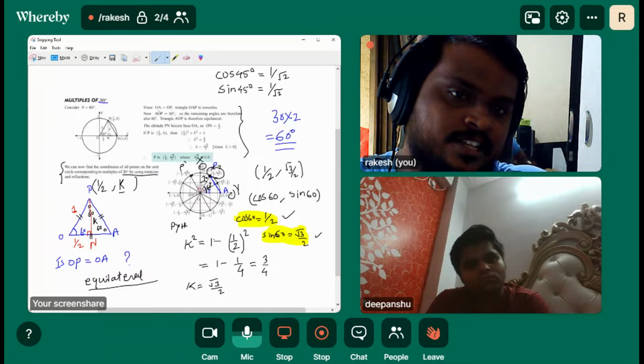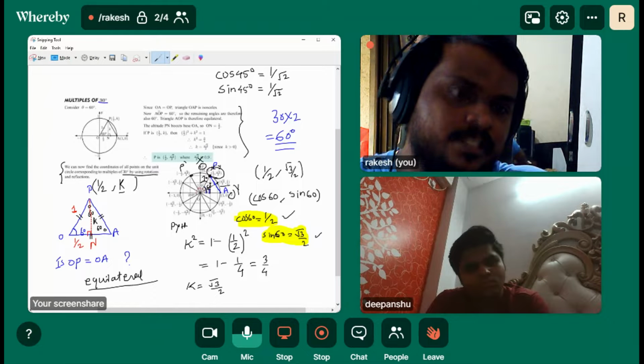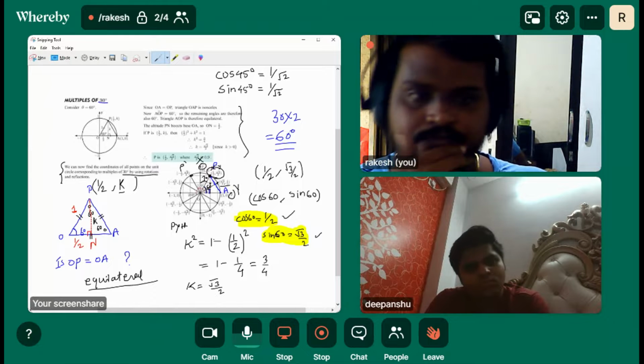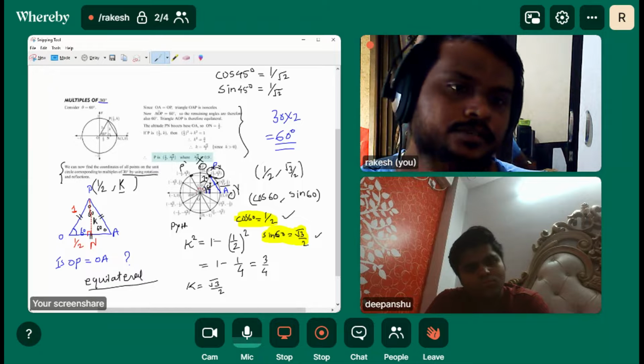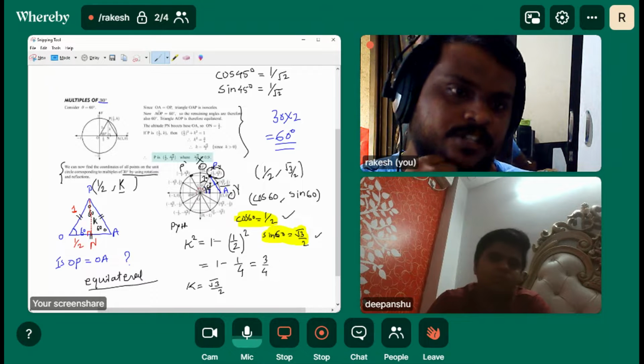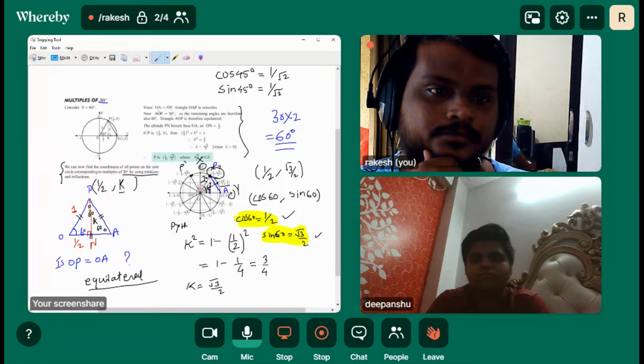So by that explanation, you can directly write this as root 3 by 2 comma 1 by 2. Means x and y values will interchange. Any doubt, or should I explain the whole geometry about it? Yes sir, explain.